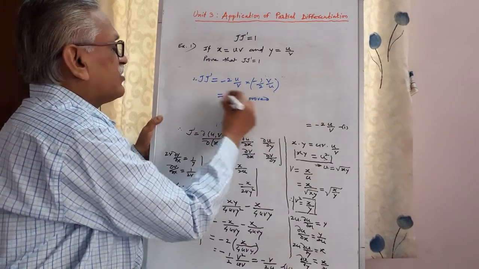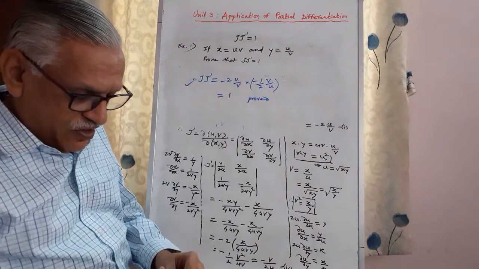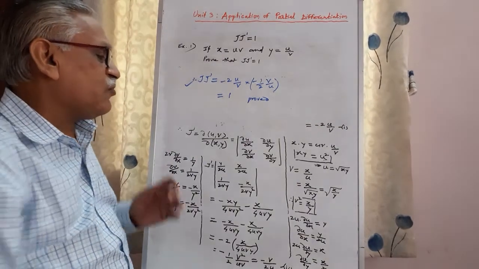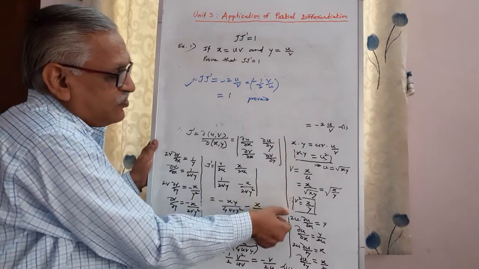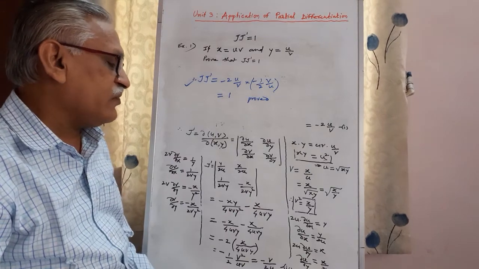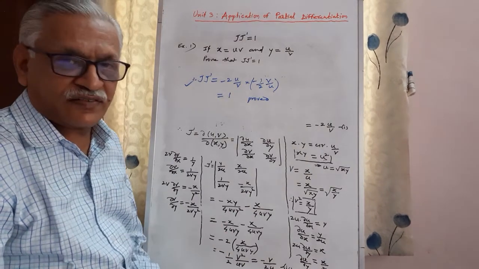Hence the result is proved. We get the value of J J dash is equal to 1. Here the important thing is to get the values of u and v in terms of x and y.